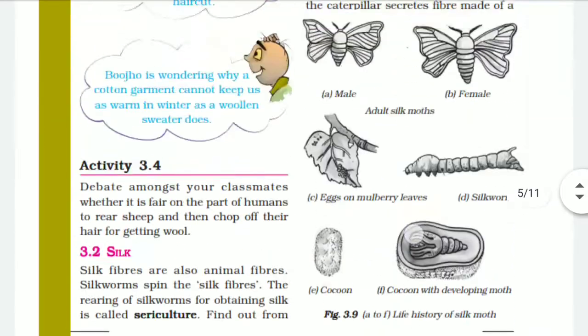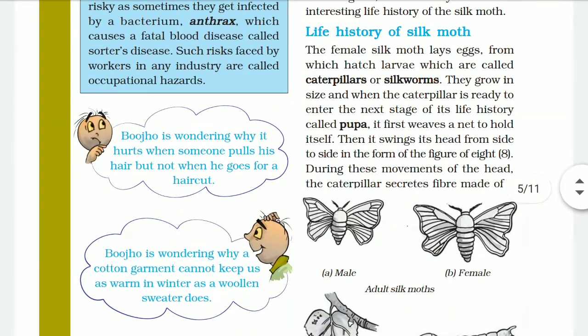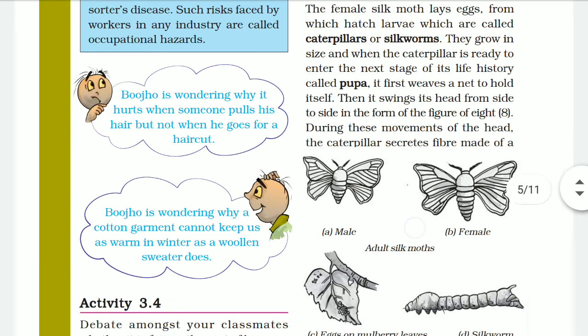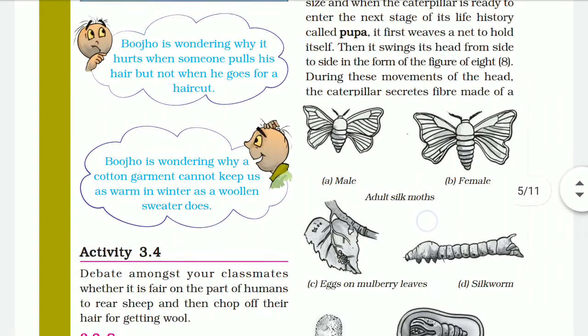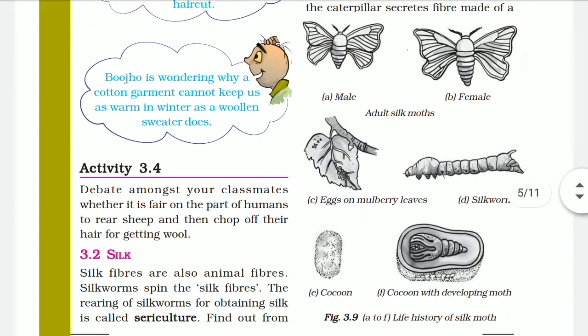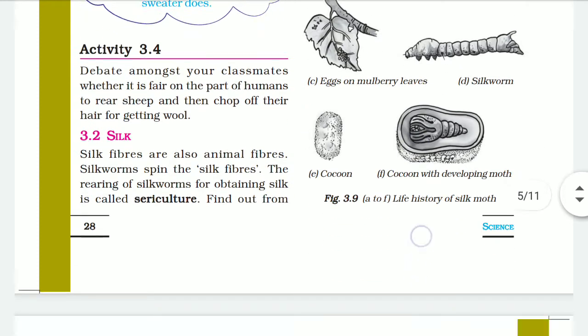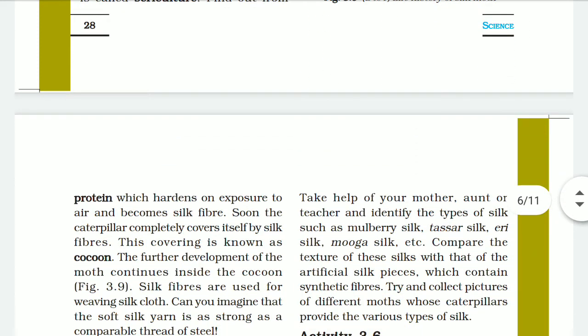So, as we have seen here in the silk life history, caterpillars are reared, right? And sericulture is done. When in the life history it first becomes a pupa, over a period of time it keeps weaving around and produces a protein string or fiber, right? So that's how the silk is obtained.